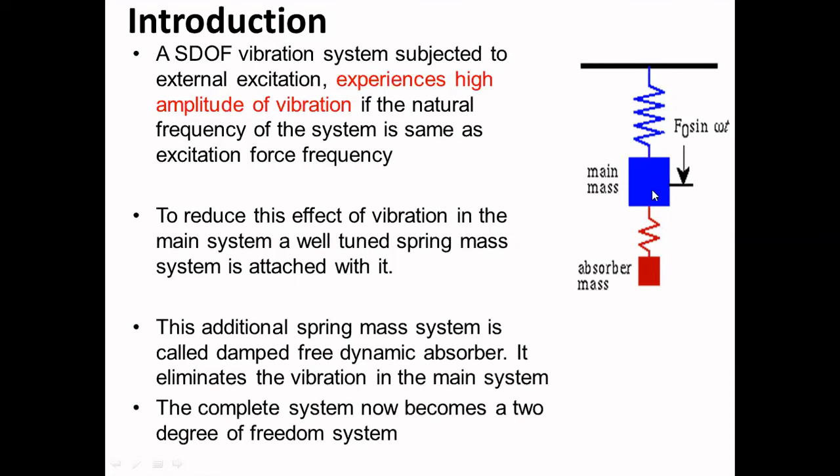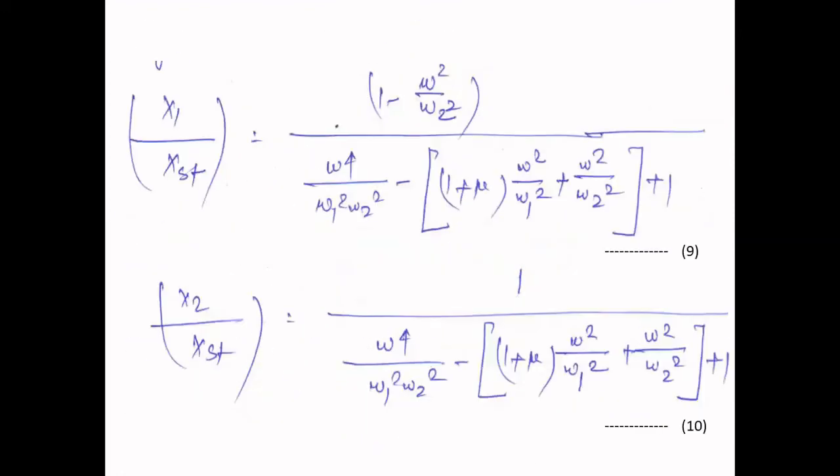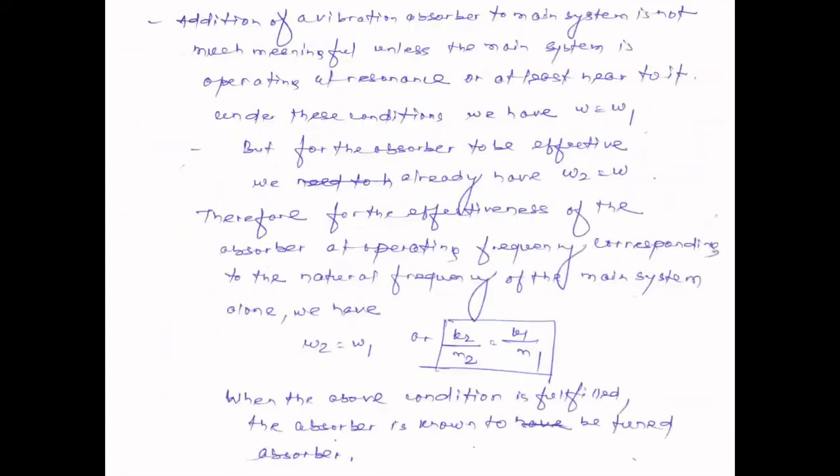Okay, so it means that we require this vibration absorber only in the case when omega is equal to omega 1, because in that case only there would be high vibration. So what we do is design this vibration absorber in such a way that omega 2 becomes equal to omega 1.